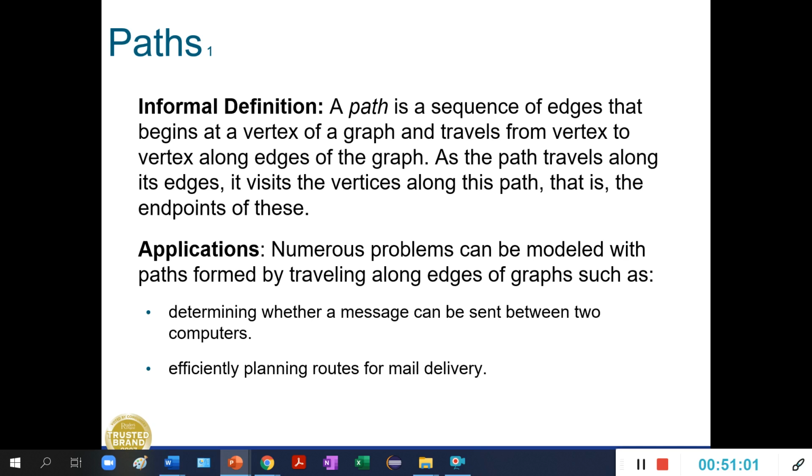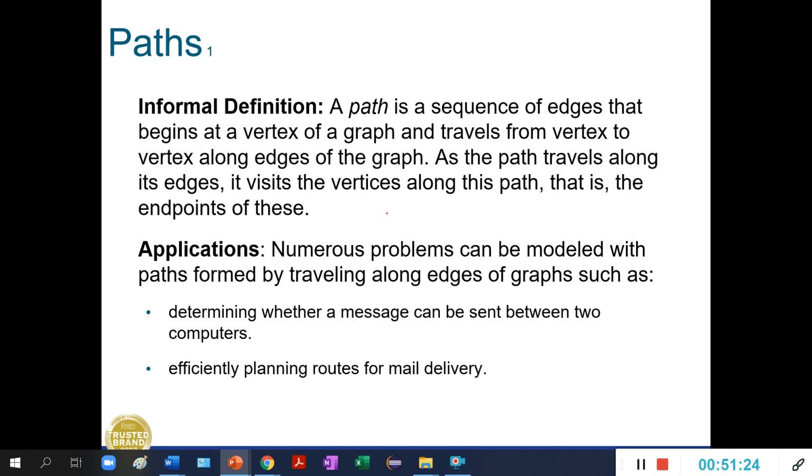So path, route, some books say route or whatever, is the edge. A path is a sequence of edges that begins at a vertex of the graph and travels from vertex to vertex along edges of the graph. As the path travels along its edges, it visits vertices along this path. That is the end point of this.